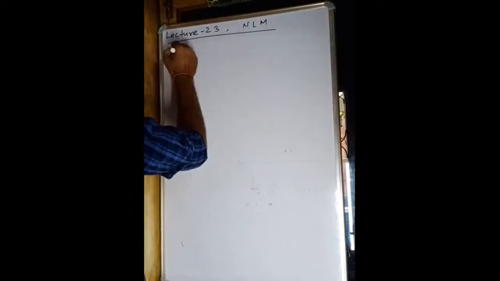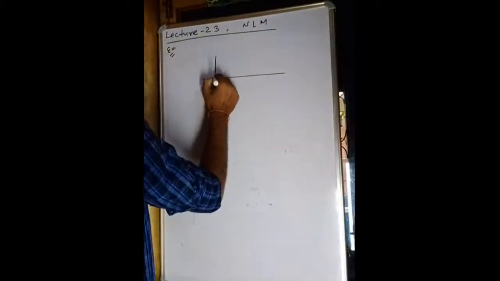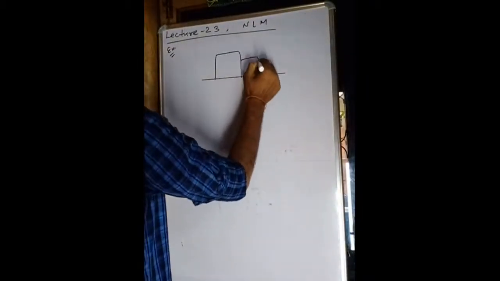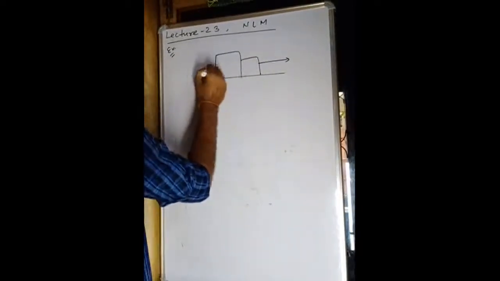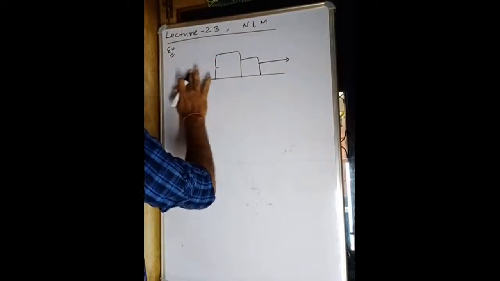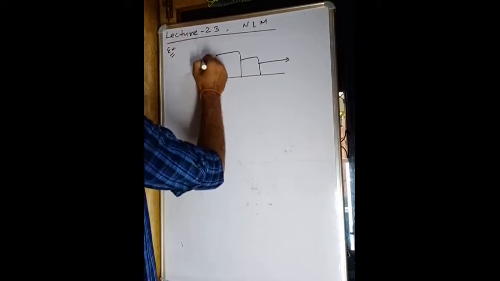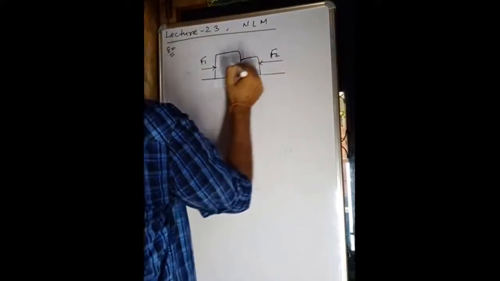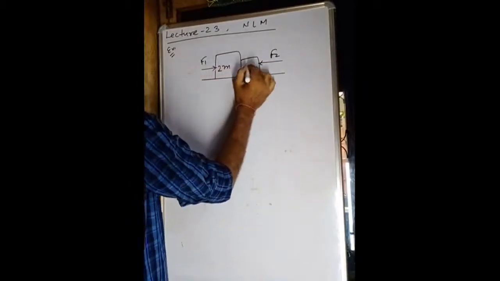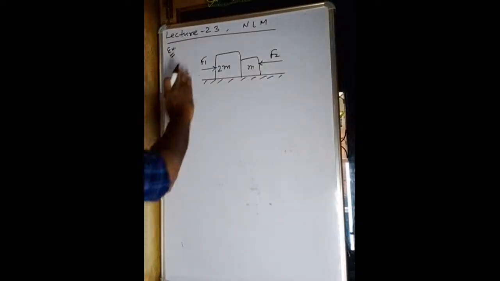Suppose F1, F2, 2m, and m. The question asks: find the force by m on 2m.